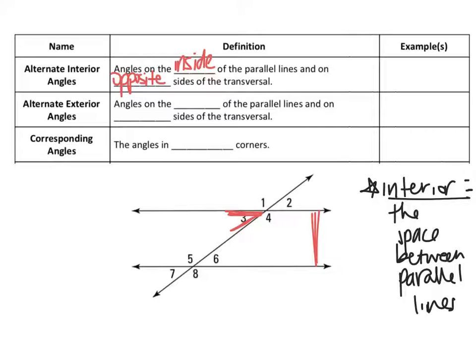So angle 3 would have the same measure as angle 6. Notice that angle 3 is in the same location as angle 6, but on opposite sides of the transversal. Okay, so angle 3 and angle 6 would represent alternate interior angles.